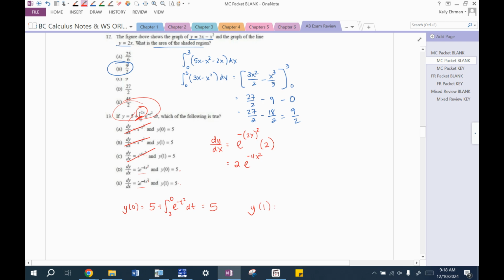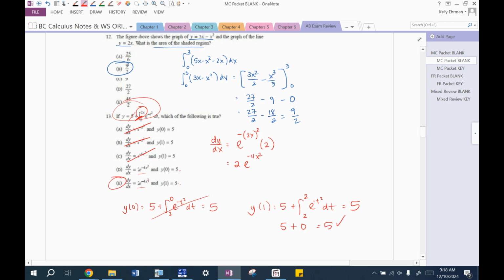y of 1 would be 5 plus the integral from 2 to 2 times 1. This one is something I can do easily. Is that equal to 5? Yes, because the integral from 2 to 2, it doesn't matter what it is, is 0. So that one's definitely true, so I'm not even going to worry about this one.